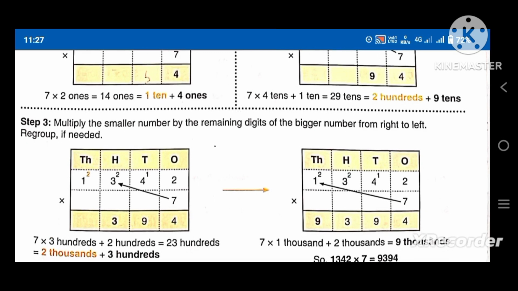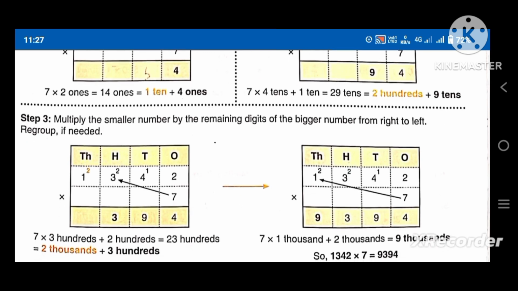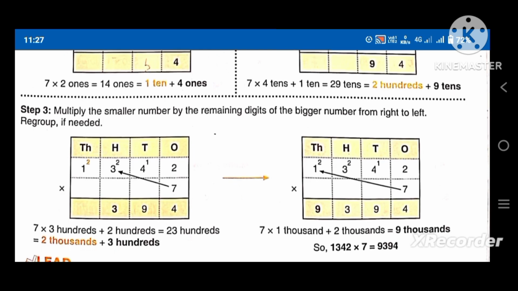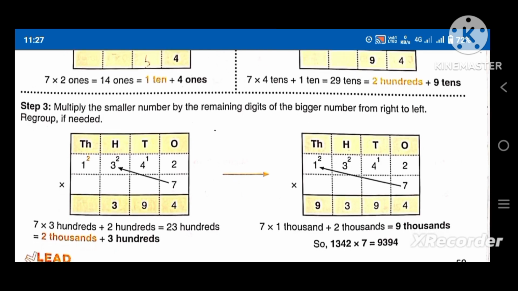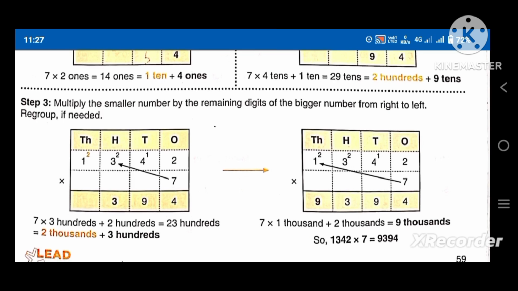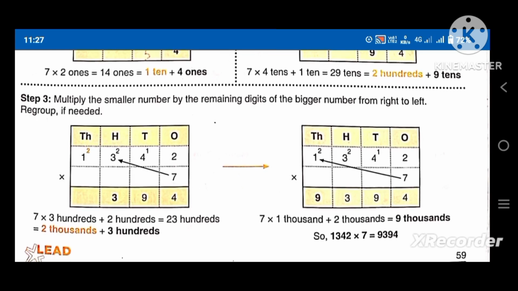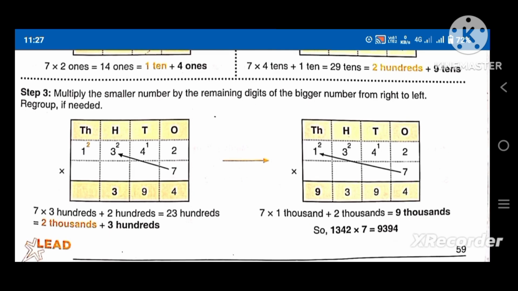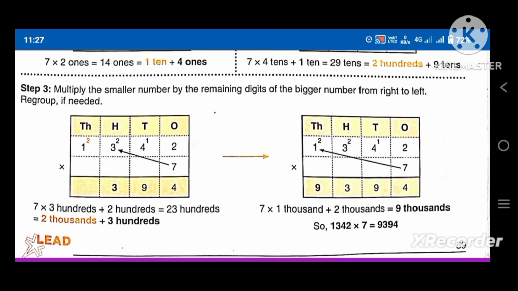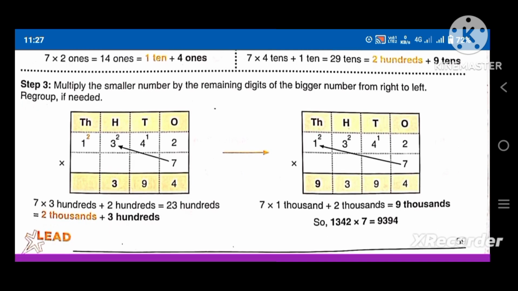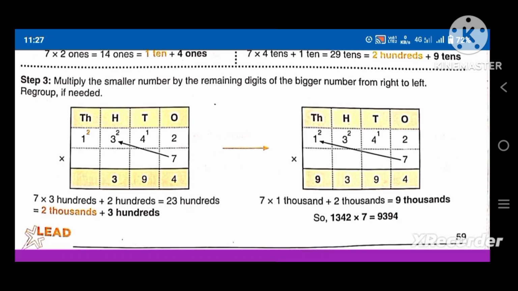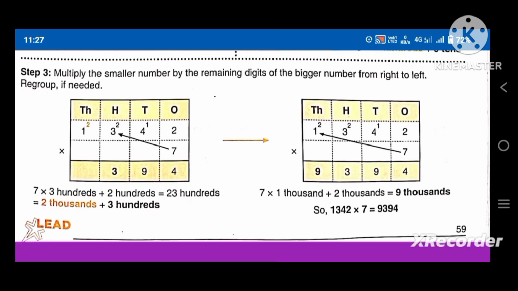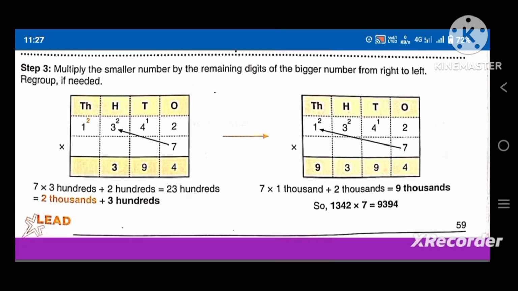Regroup if needed. 7 into 3 hundreds plus carry 2 hundreds is equal to 23 hundreds, which is 2000 plus 3 hundreds. 7 into 1000 plus 2000 carried is equal to 9000. So 1342 into 7 is equal to 9394.